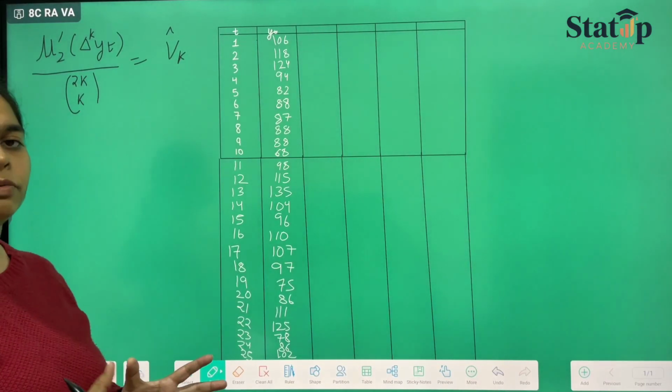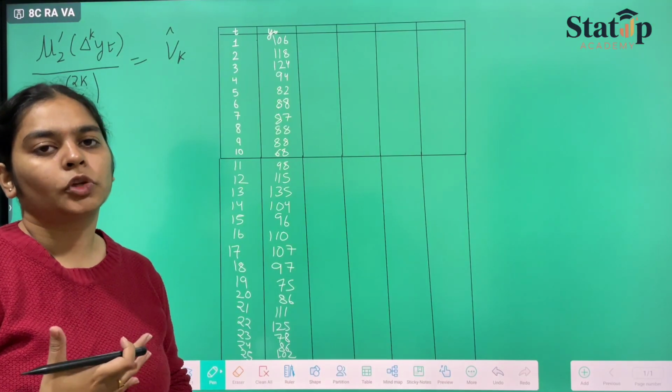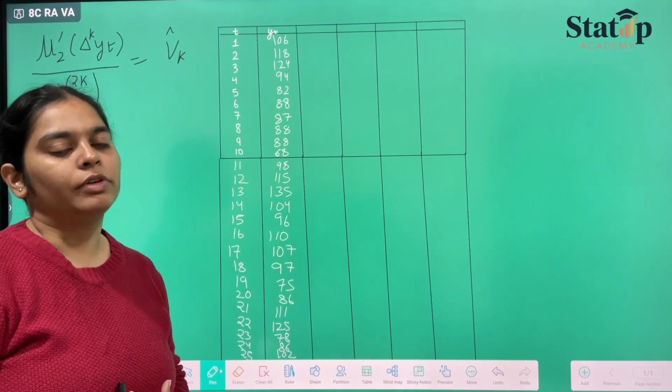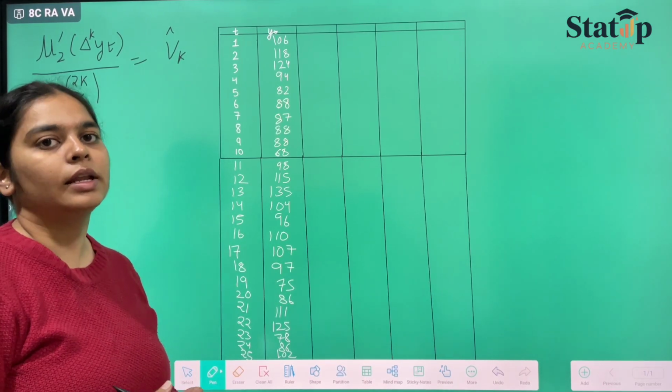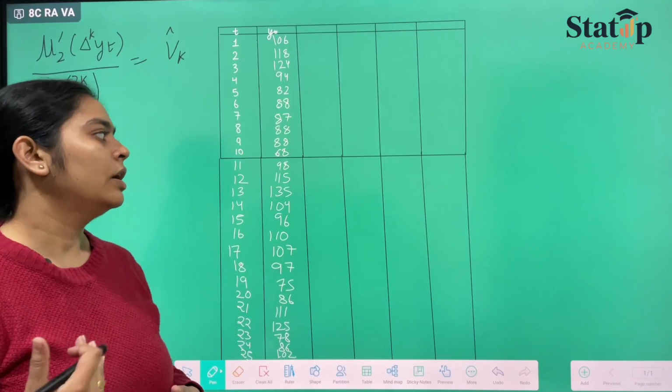Then we'll find rk, the coefficient of the variate difference method, and if it is greater than 1.96, then these two differ significantly, and we'll calculate v3 likewise.